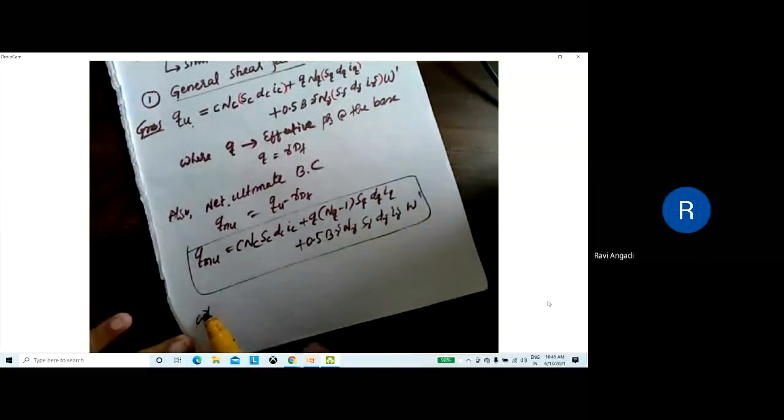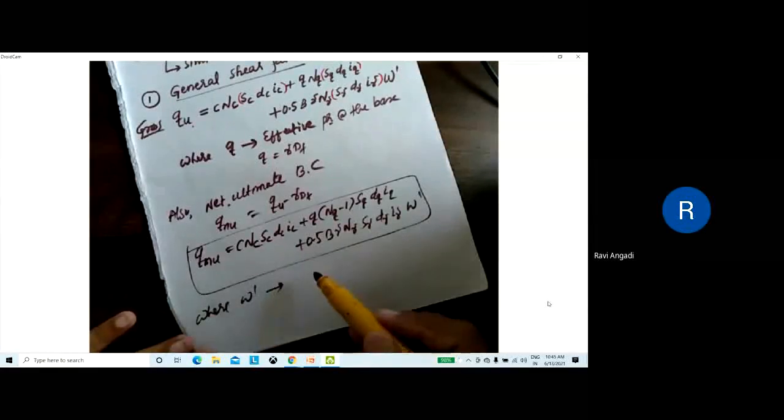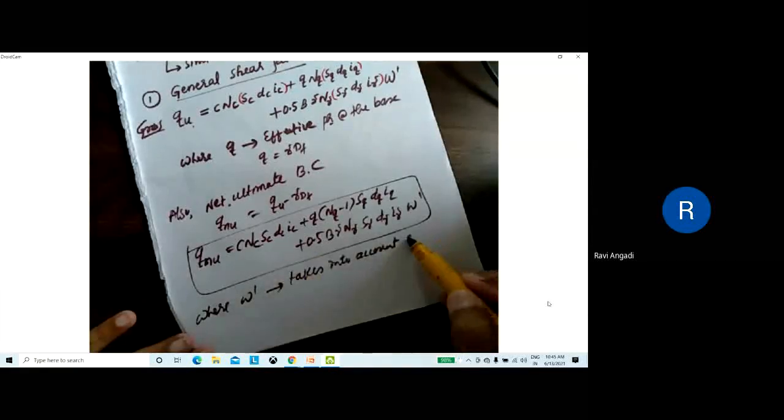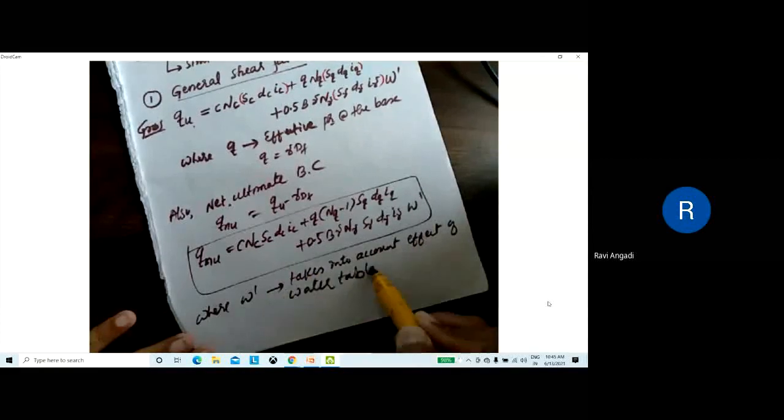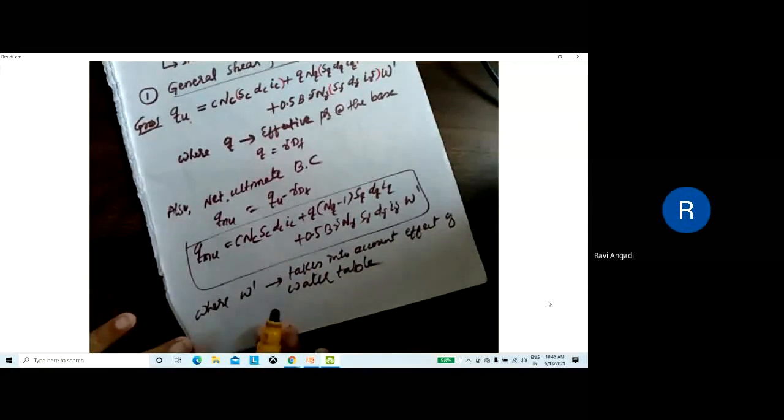Here, W dash is what? That takes into account the effect of water table.